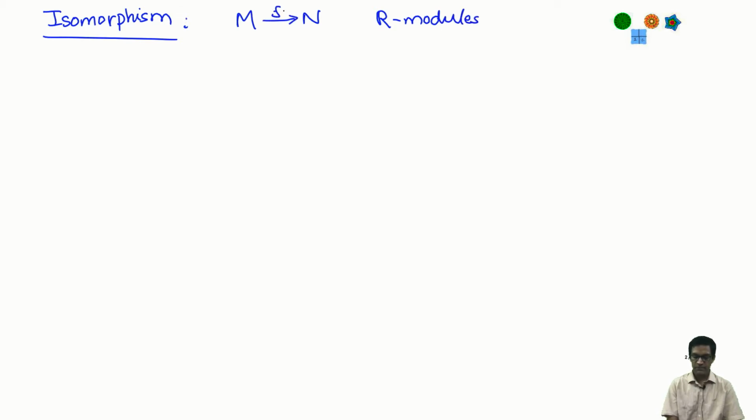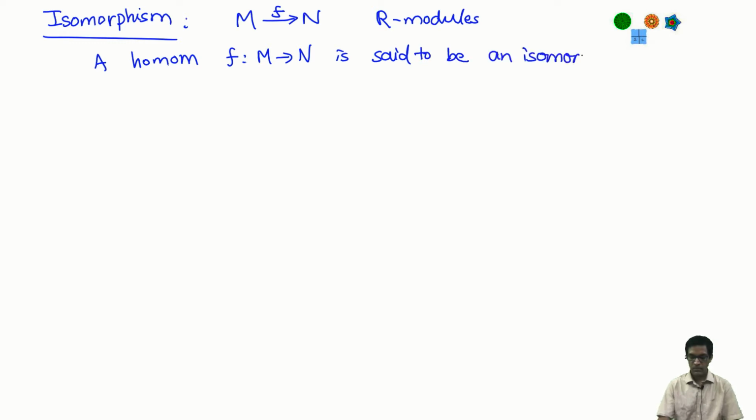A map F from M to N is said to be an isomorphism if, firstly, it needs to be a homomorphism. So let me phrase it like this. A homomorphism F from M to N is said to be an isomorphism if it admits an inverse, which means there is a map G in the opposite direction.